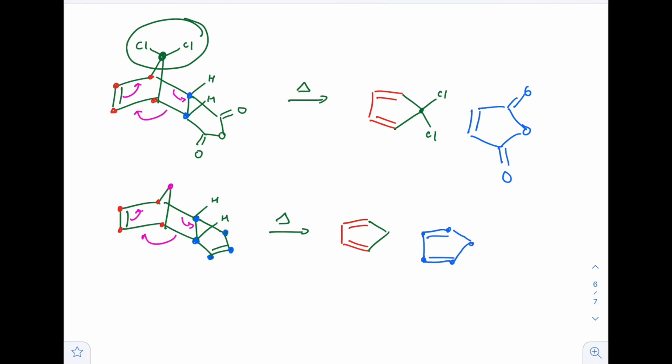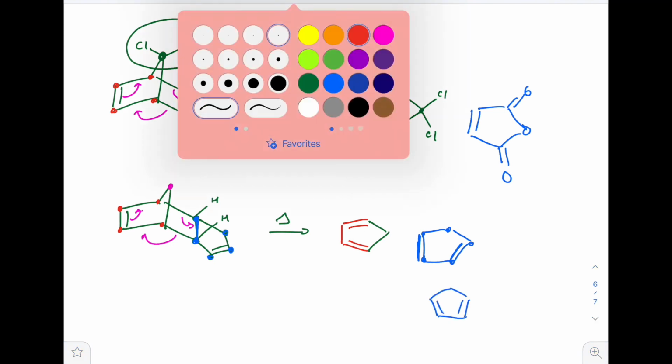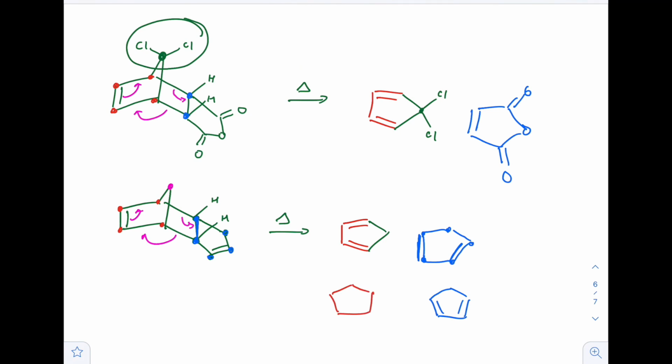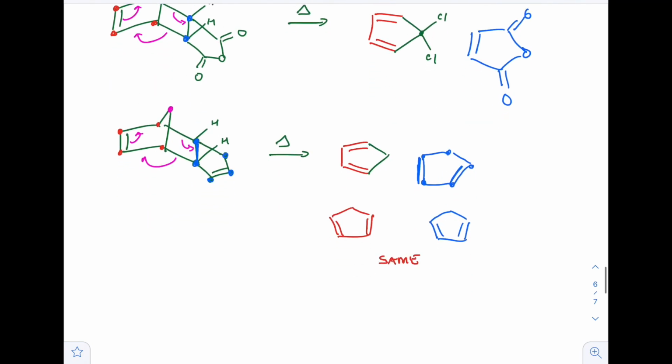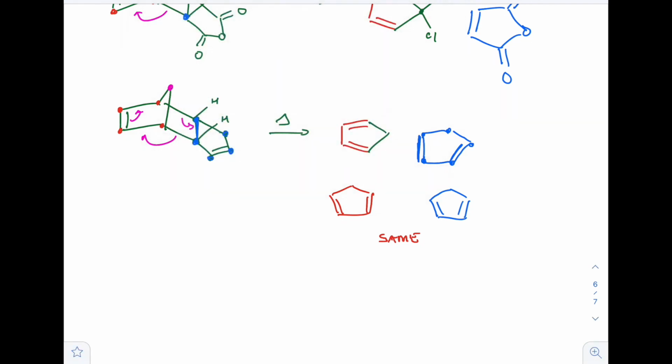Sorry, I jumped the gun. Let me draw it the way it is pictured now. We're creating that pi bond here, and then the other pi bond is skipping a bond, so it's adjacent to it. And if we were to redraw that, because it looks gross, it would look like this. And so what we end up having is 2 cyclopentadiene rings, right?